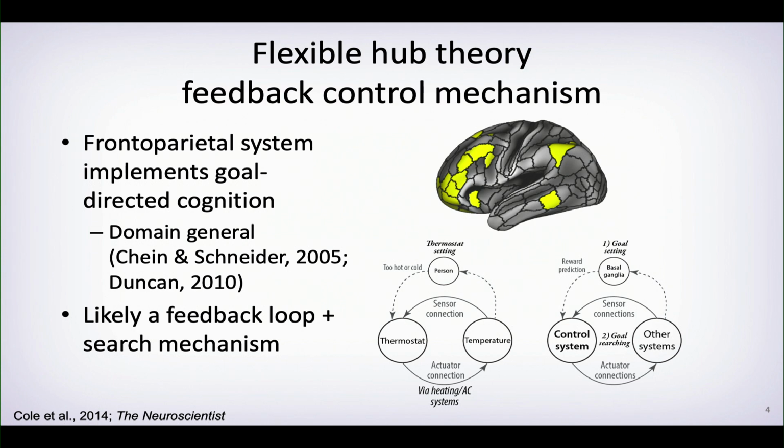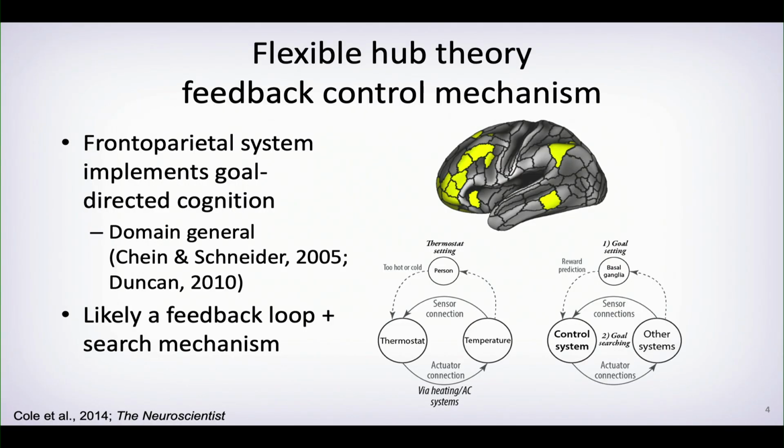across these domains. But also, we started thinking in terms of how engineered systems control things, such as control theory in general. And the system we're probably most familiar with is something like a thermostat, as shown here. You have what are called actuator connections that interact, in a causal sense, to change the temperature, and then sensor connections to tell if that change is pushing towards the particular goal that a person set on the thermostat.